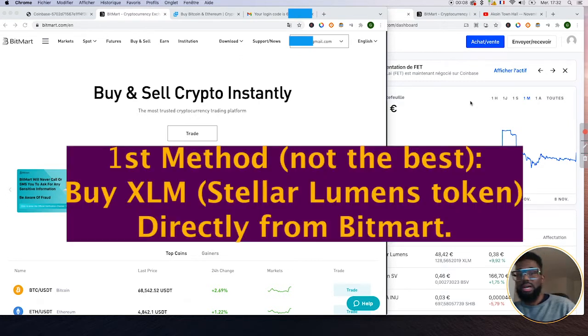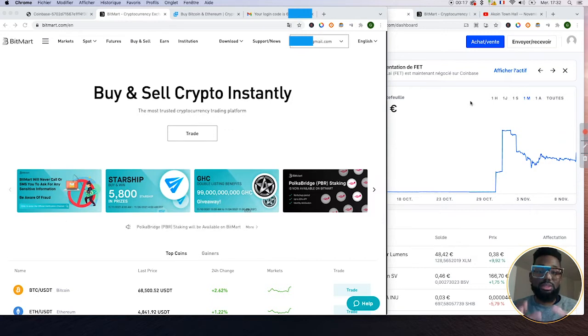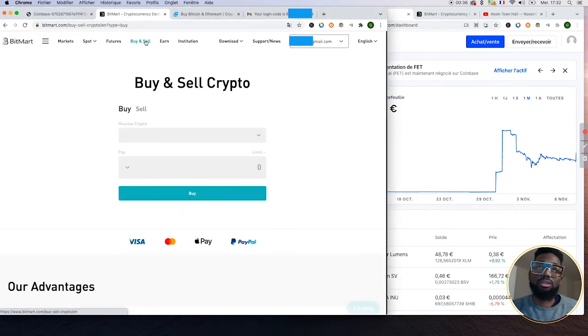So now, in reality, you have two choices. The first choice is for people who work only on Bitmart, people who don't have a cryptocurrency wallet on Binance, for example, or Coinbase or Kraken, whatever. If you only work with Bitmart, this is another way.